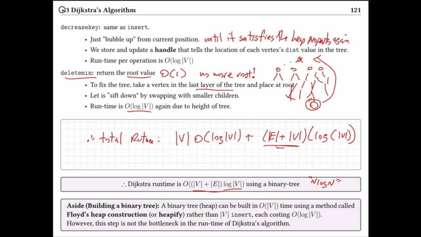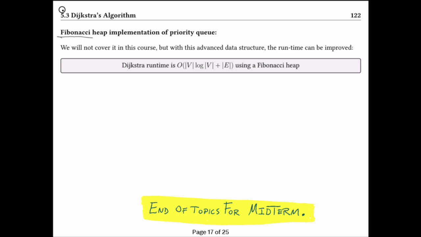And there's an even faster algorithm called a Fibonacci heap, using our idea from earlier in the course that we're not going to cover, but we can talk about it if people are interested, where instead of it being v plus e log v, we've got v log v plus e, which is good because you've got this constant just being the v, and now you're just adding the edges on the side, right?